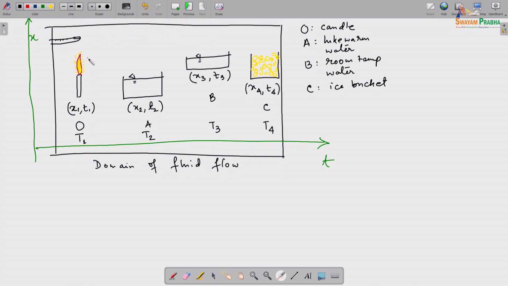So, what would be the change in temperature? I said the temperature here is T1.